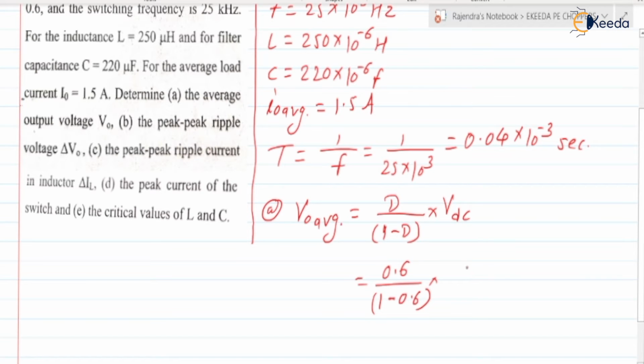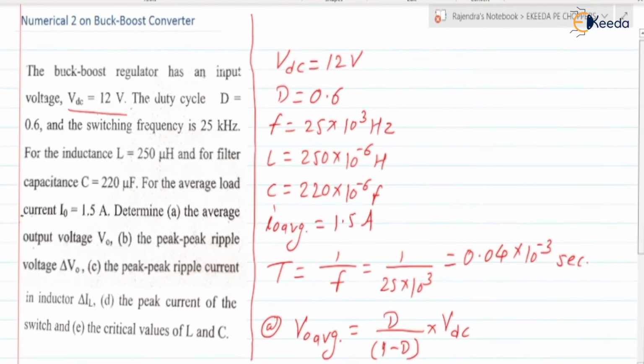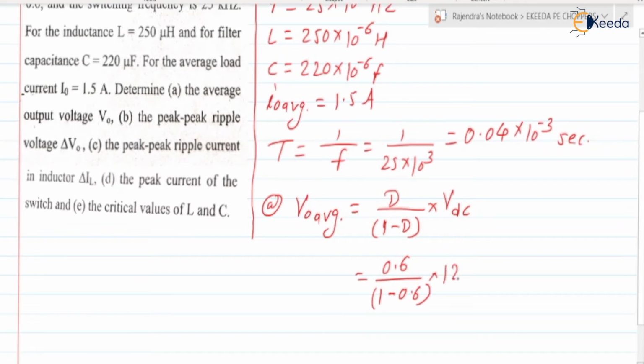VDC is the DC input voltage, which is given as 12 volt, so into 12. So we can write it as 0.6 divided by 0.4 into 12, which is equal to 18 volt. V0 average is equal to 18 volt. This is the answer for the first bit.